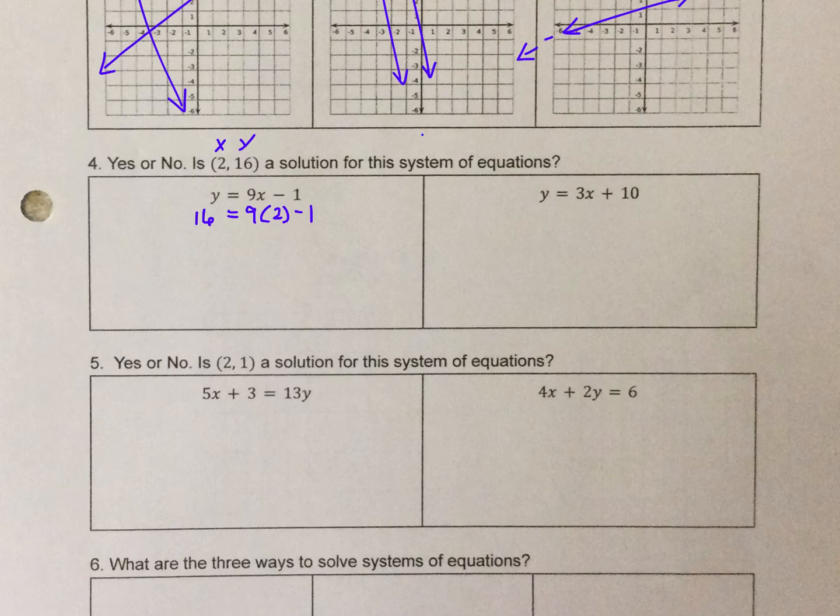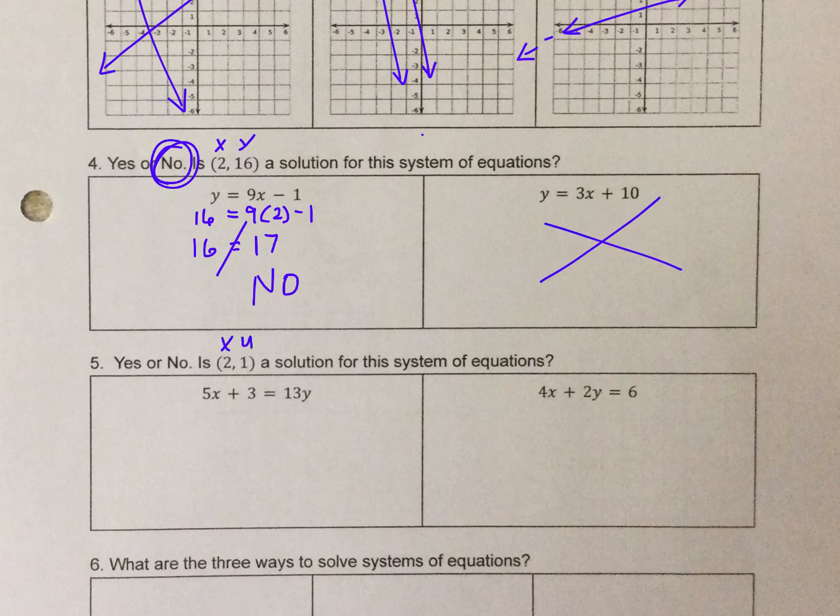So the 16 stays on the left. 9 times 2 is 18 minus 1 is 17. 16 does not equal 17. When I get a no, I can go ahead and say no. I don't even have to do that one. Let's look at the next one.